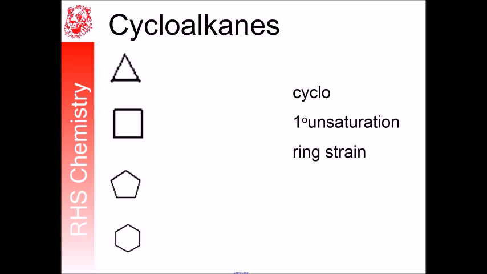It's got 3 carbons. There would be a hydrogen here, and a hydrogen here, a hydrogen, and a hydrogen, hydrogen, and a hydrogen. And so you would have C3H6. We would call this cyclopropane.